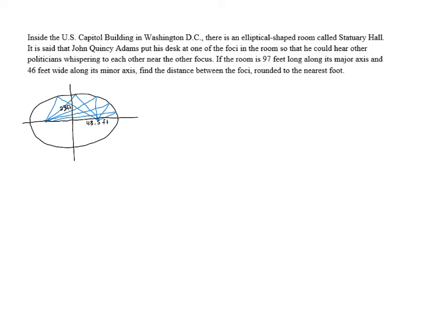And so we can figure out the equation that models the room. It's going to be x squared over 48.5 squared plus y squared over 23 squared equals 1.